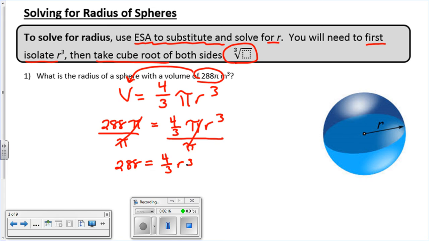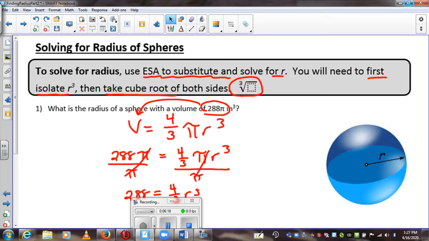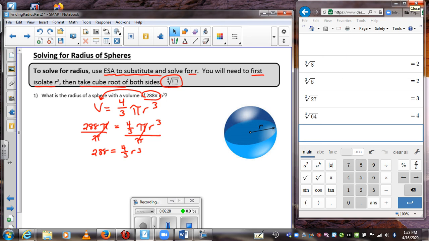Now the rest is just calculator work. So I'm actually going to try my calculator over here on the side. I have a function that allows me to do a fraction. If you don't have that button, you can go 288, because what I'm essentially going to do is divide both sides by 4/3.